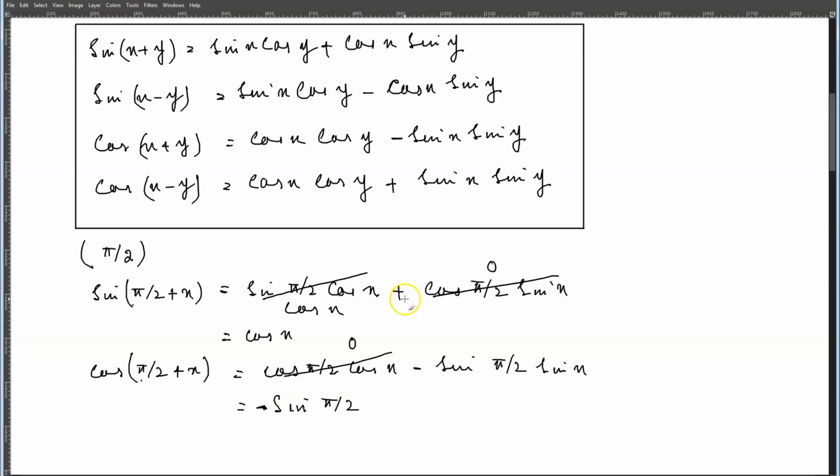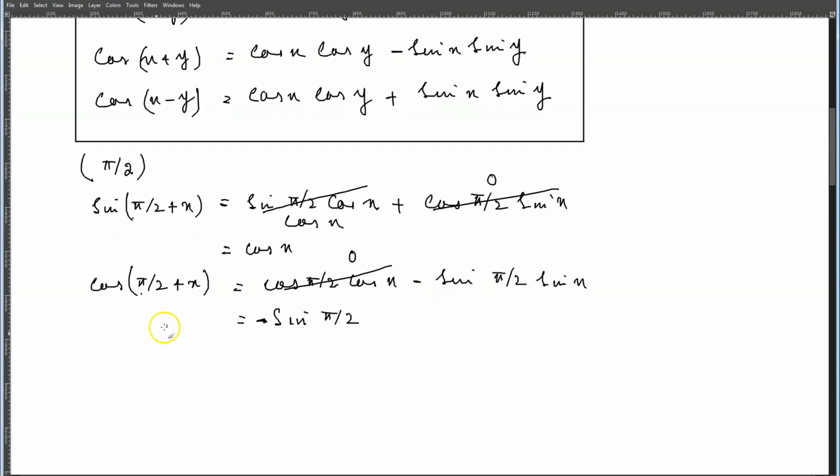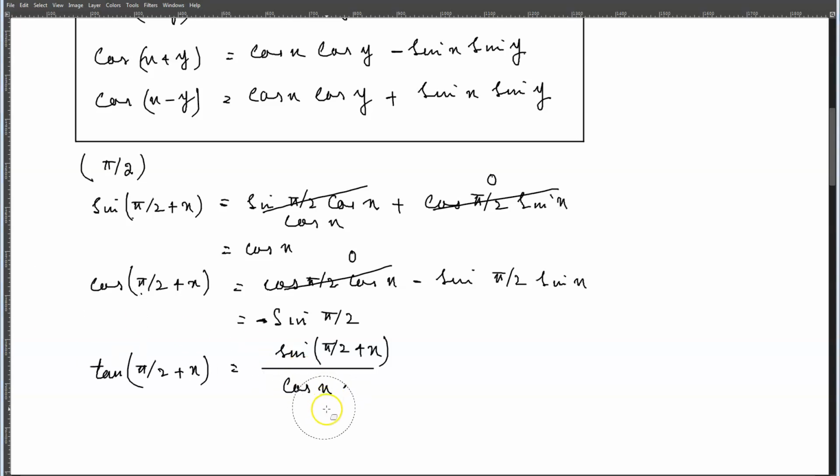Now next what you have here is, for example, the tan of pi by 2 plus x, which is equal to the sine of pi by 2 plus x over the cos of pi by 2 plus x.